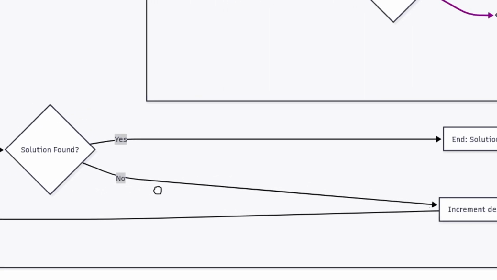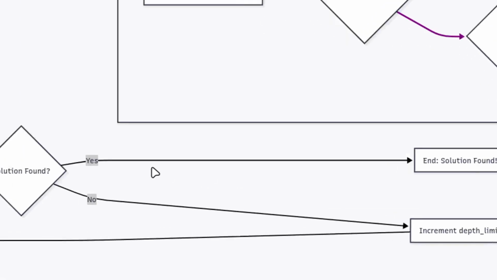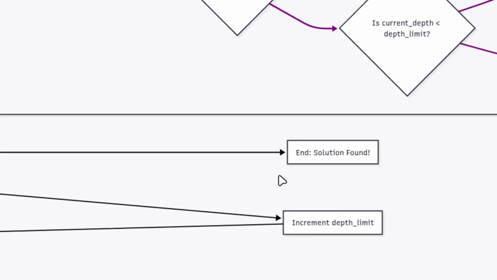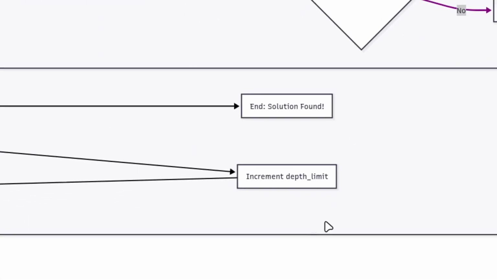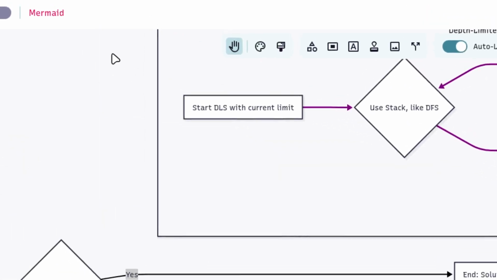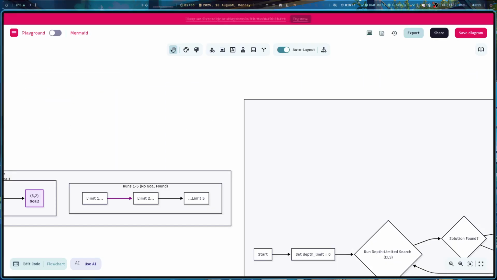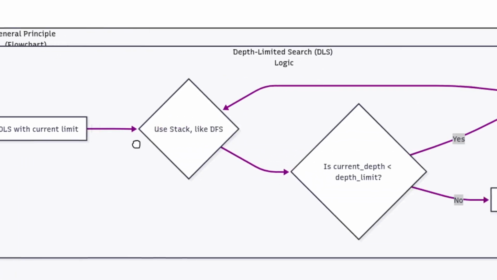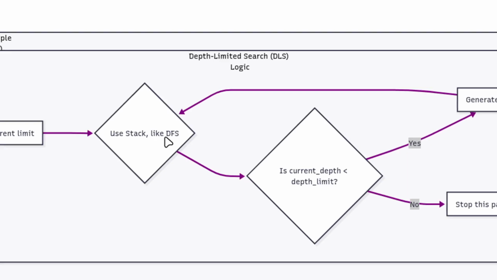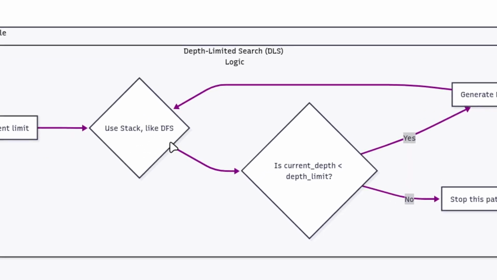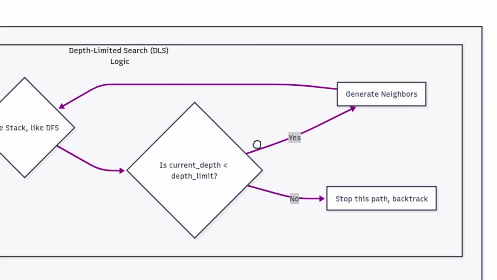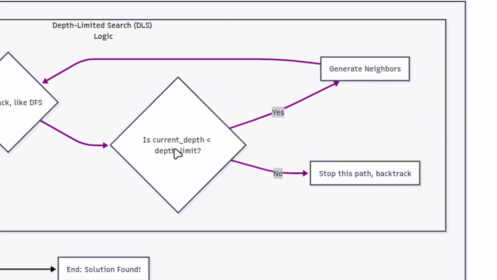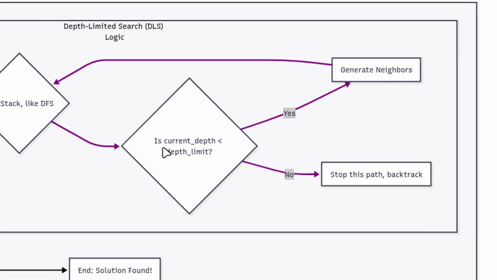Point is that, have you found the solution? The answer could be yes or no. If you found a solution, then great, that's where it ends. But suppose you haven't, then you increment the depth limit. When you increment the depth limit, what actually happens? You start with the DLS with the current limit. Suppose it is now 1. So what you do, you use a stack just like the DFS. Now after that, you check whether the current depth is less than the depth limit.